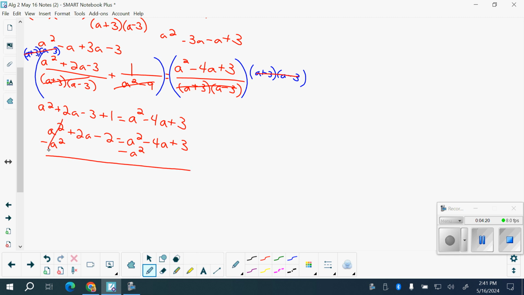So what happens is they cancel. And we get 2a minus 2 is 4a plus 3. And then what do we do next? Subtract 2a. And we get negative 2 is 2a plus 3.